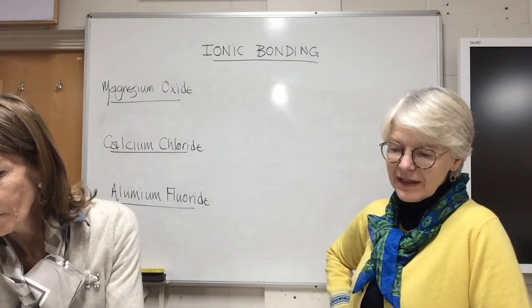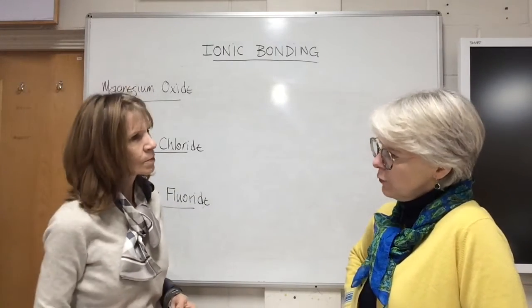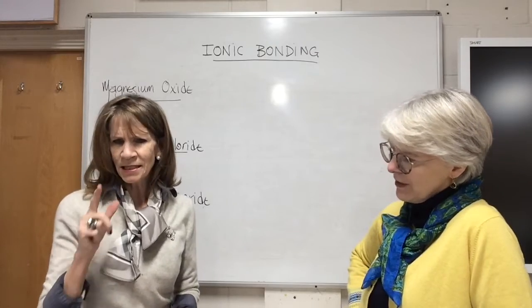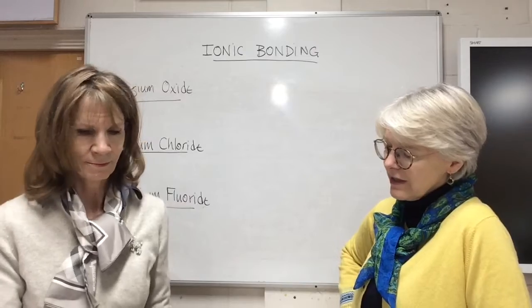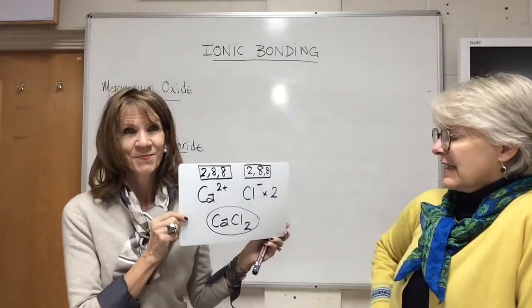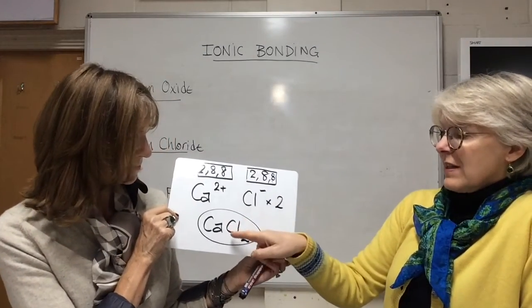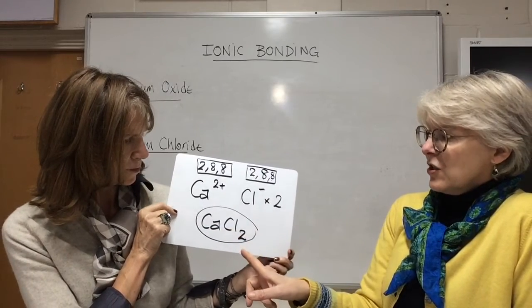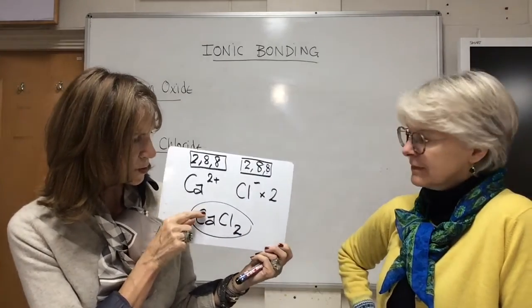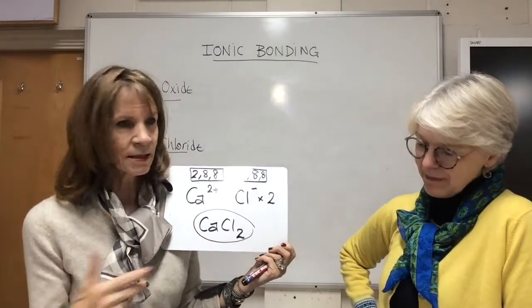And that means that we can work out the formula of that compound. Calcium needs 2 chlorines, so every calcium can attach to 2 chlorines. So these become chloride ions. So it's CaCl2. So that's 1 calcium, 2 chlorides. Yes. And that's the formula.